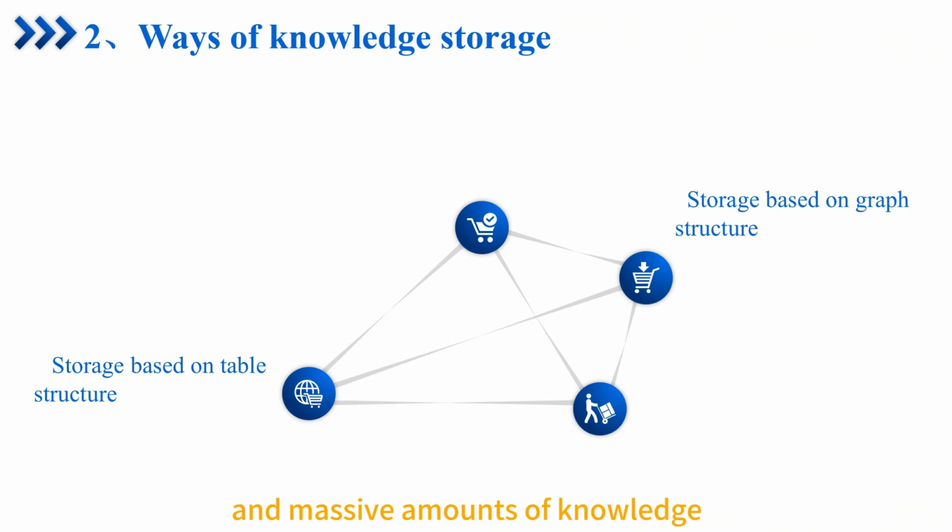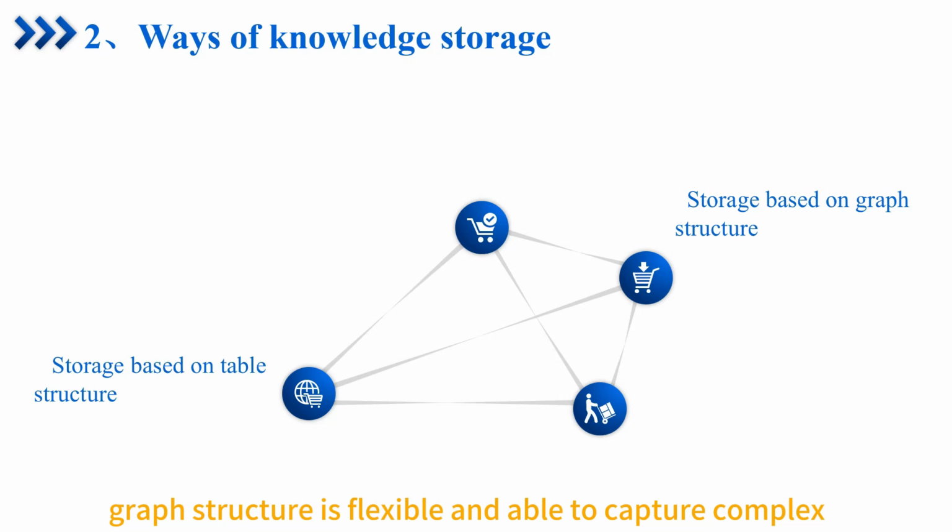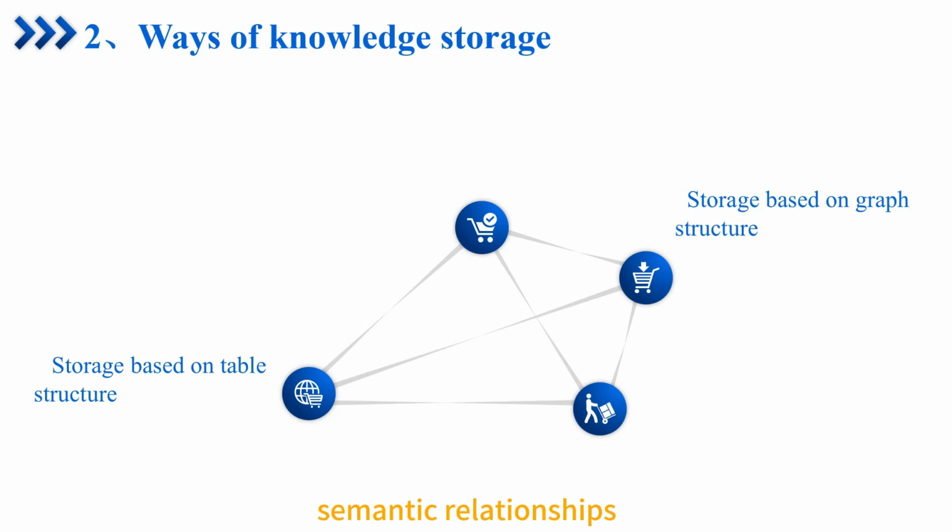massive amounts of knowledge. Graph structure, on the other hand, is based on the graph database, where knowledge is stored as nodes and edges. Each node represents an entity, and each edge represents a relationship between entities, like parent-child, sibling, or friend. Graph structure is flexible and able to capture complex semantic relationships, and it can handle massive amounts of knowledge.